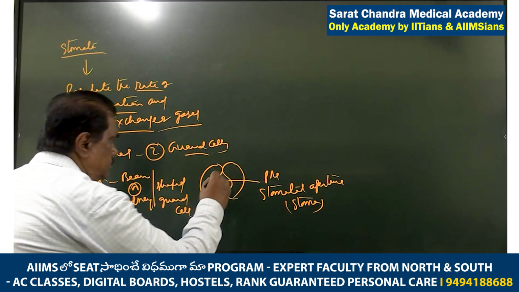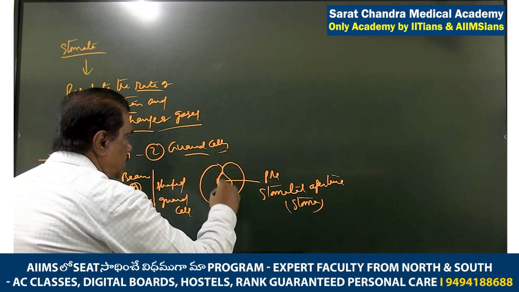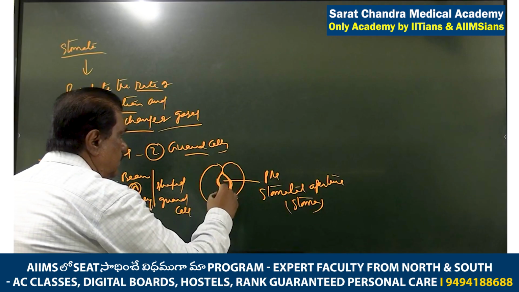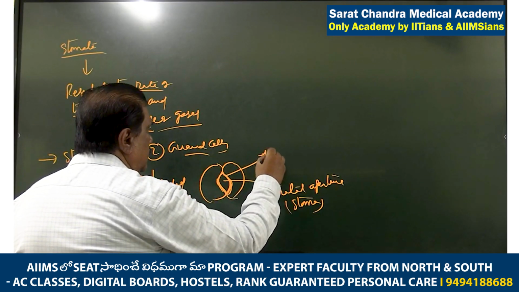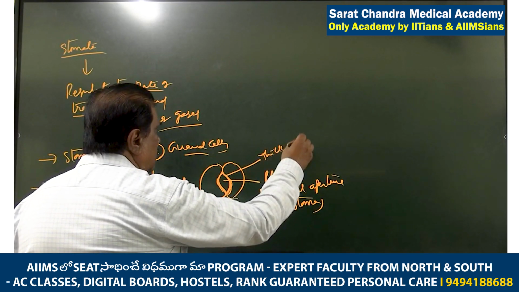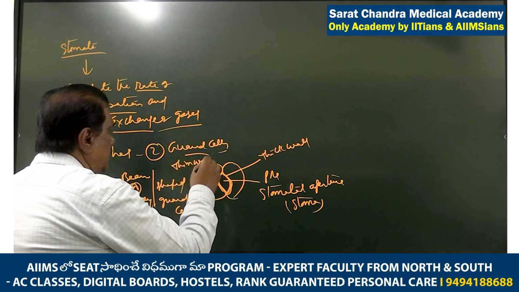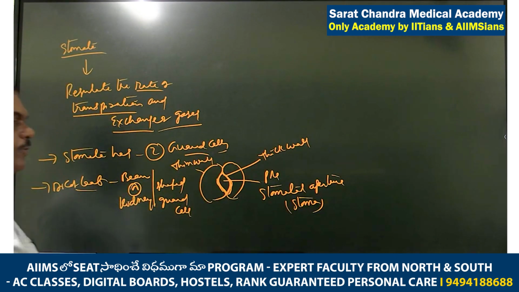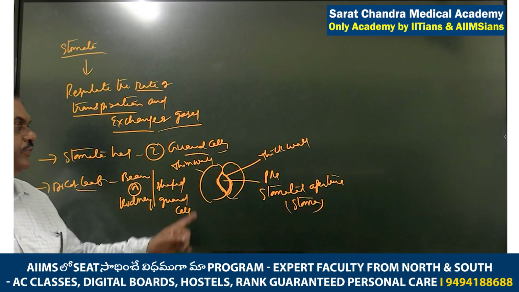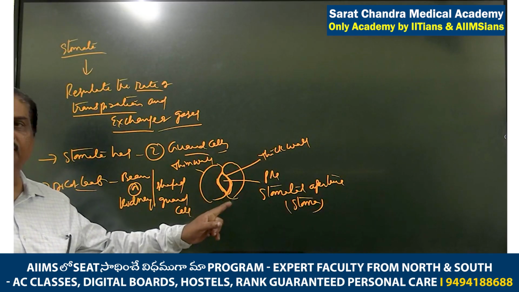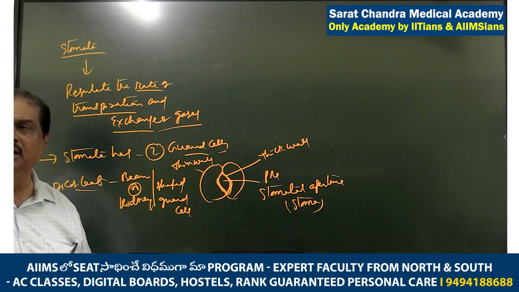This is the thick wall, and this is the thin wall. The outer wall of the guard cell is thin, and the inner wall of the guard cell present towards the stoma side is thick.